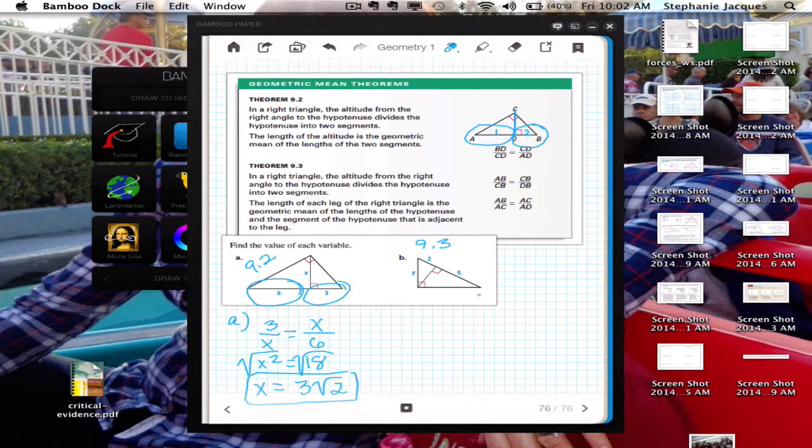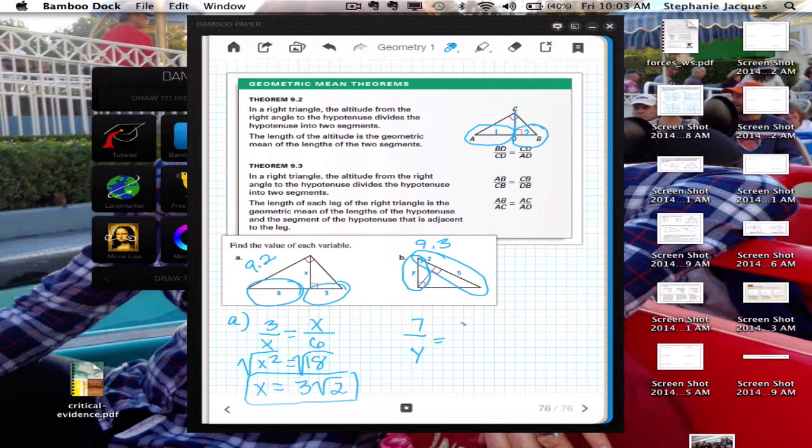Okay, now let's look at this one. It's a little trickier. We don't have our height, but we're trying to find the leg. So the way that we do that is we want to do this segment, 5 plus 2, which is 7. We want to put that over the missing leg, y.